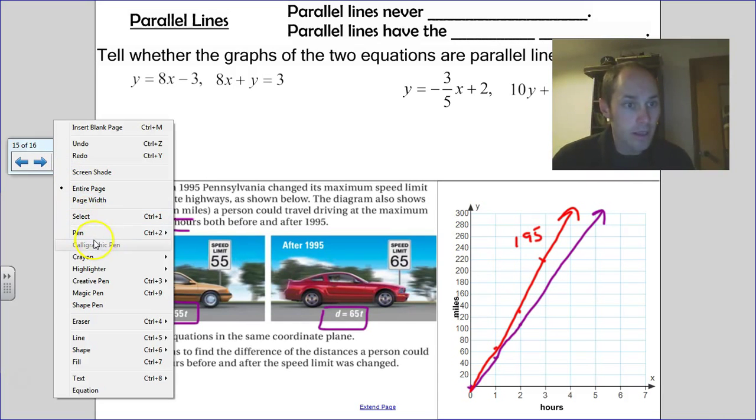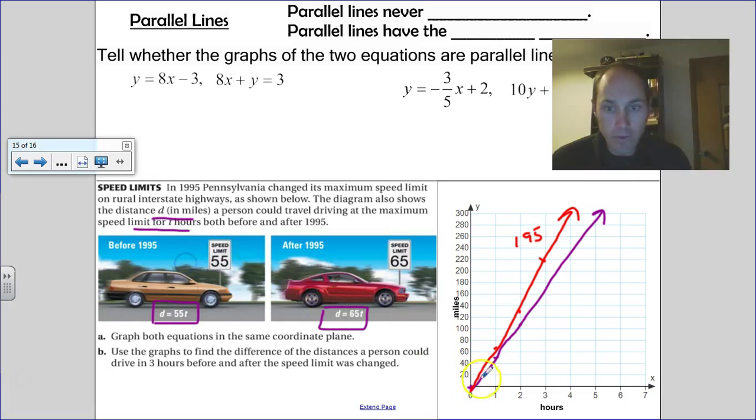And the other one, if we go 55, 110, 165 after 3 hours, we see that it's a difference of 30 miles, which adds up after a while. So from using a graph, we can compare and contrast differences there.